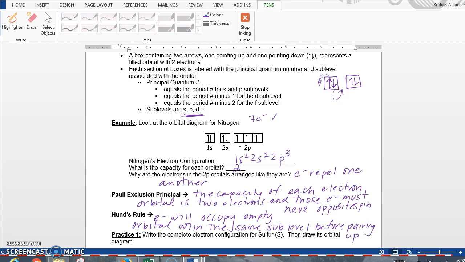So again, if we were going to do oxygen with one more electron, that electron would be placed right there.